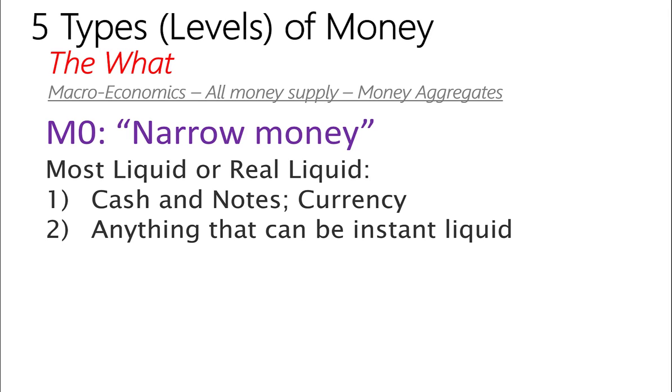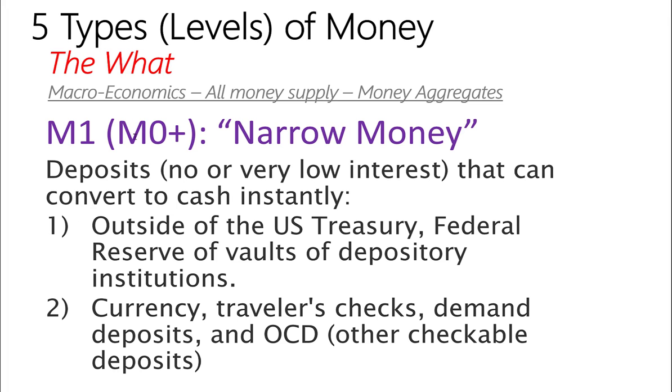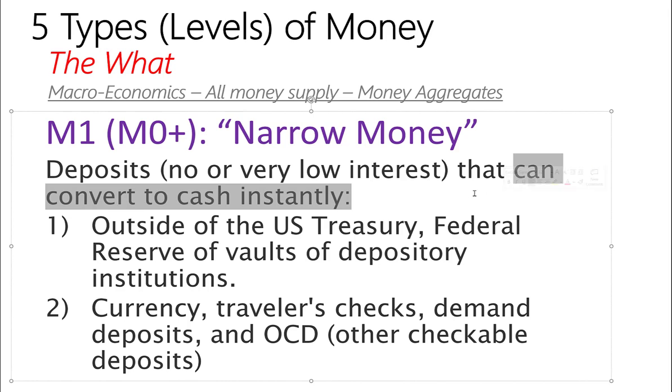So with that, we can move on to M1, and you'll see again, M1 is narrow money. It includes M0, and it builds upon it. And the main point here with M1 is we now have deposits. So now we're putting money into an institution, a financial or bank institution, and our physical money now becomes digital, but as you can see here, it can convert to cash instantly.